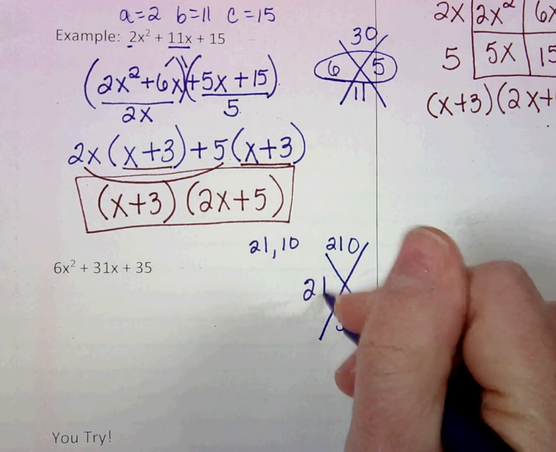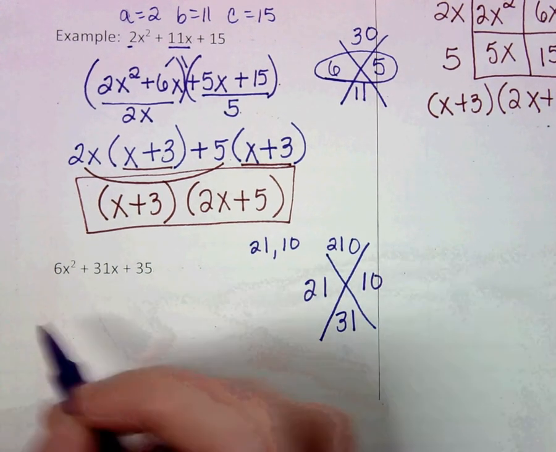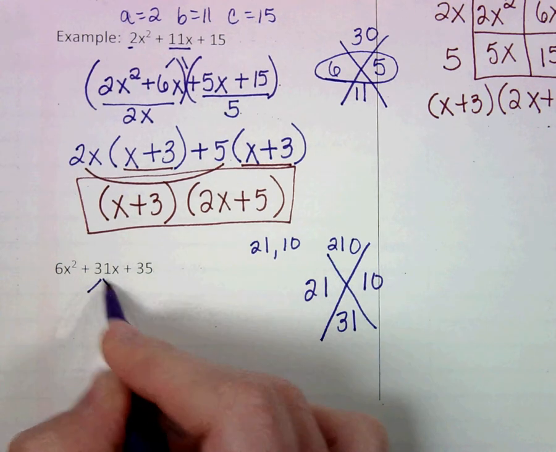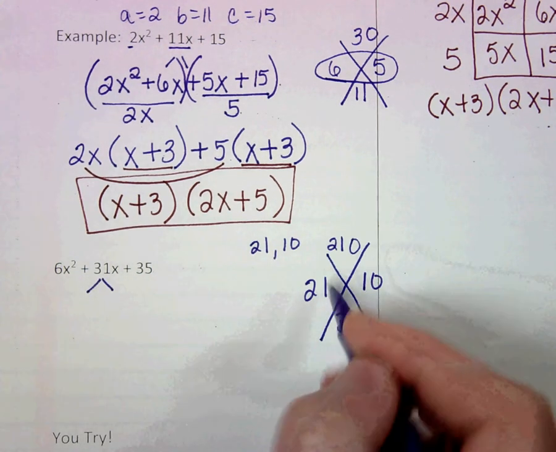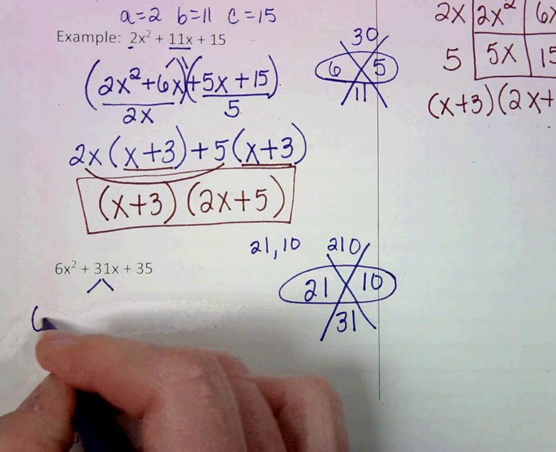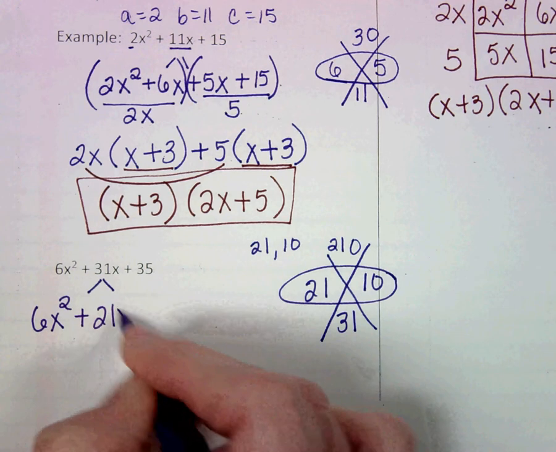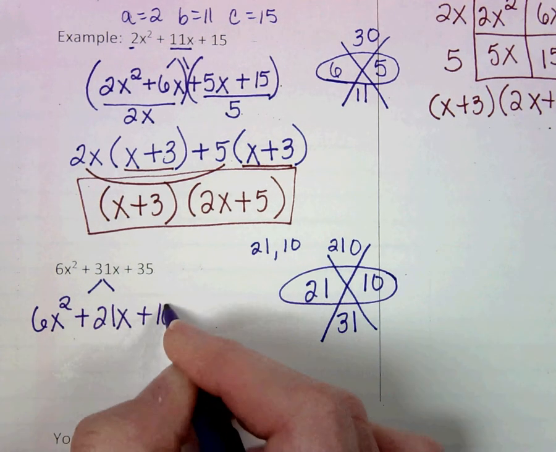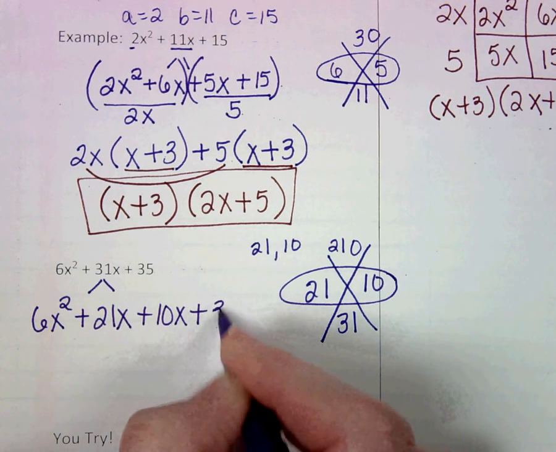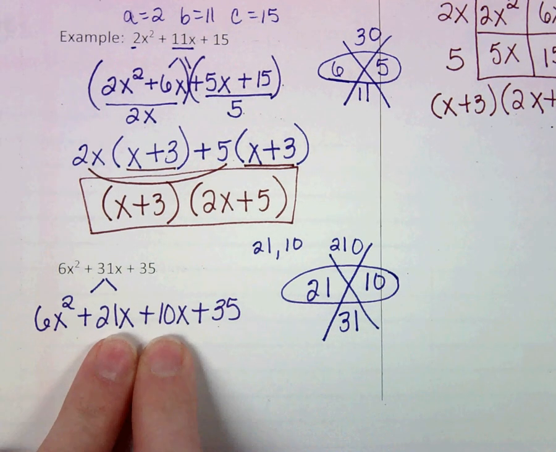That will add up to 31. Okay, so remember, we're going to split the middle term. We're going to rewrite this using our two factors from our x. 6x squared plus 21x plus 10x plus 35. Okay, all we did was split it. This still means 31x. I've just written it as two terms.